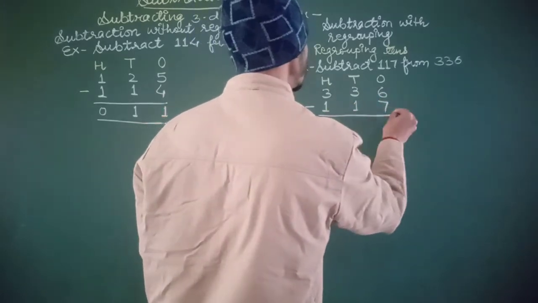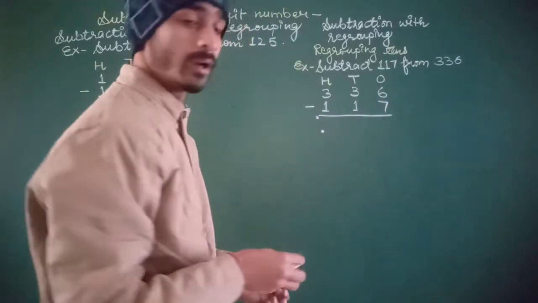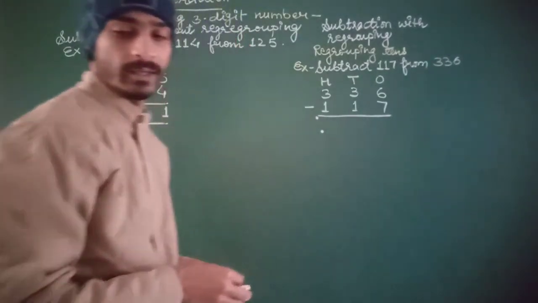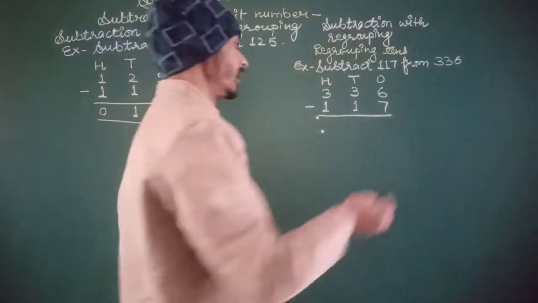And now firstly we have to subtract the ones place. So subtract the ones, that is 7 ones here.